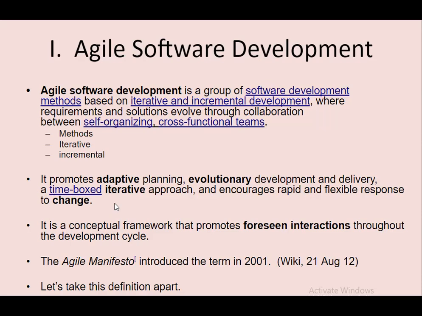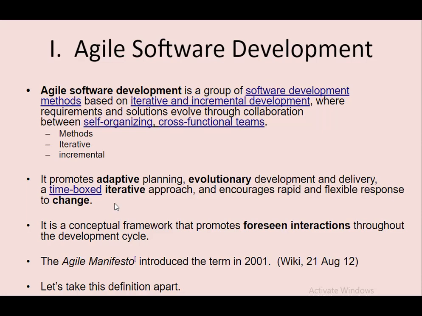It promotes adaptive planning, right? We are not rigid about the planning. Once we are done with the planning, we will not say afterward that if any changes come, we are denying them, or that we have completed our planning and cannot change our plans.